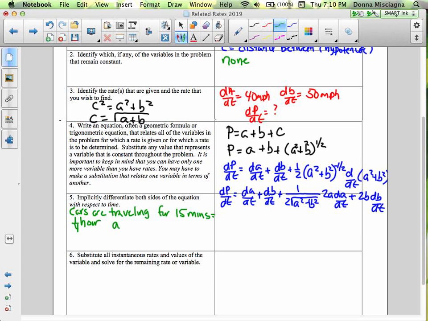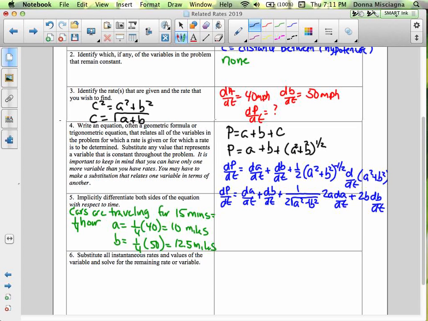So if the westbound car is only driving for 1/4 of an hour, and he goes 40 miles an hour, he's going to go 10 miles in 15 minutes. And if B is going 50 miles an hour, he's going to go 12.5 miles in 15 minutes. So now we've got the A and the B that we need. Now it's just a matter of plug and chug.